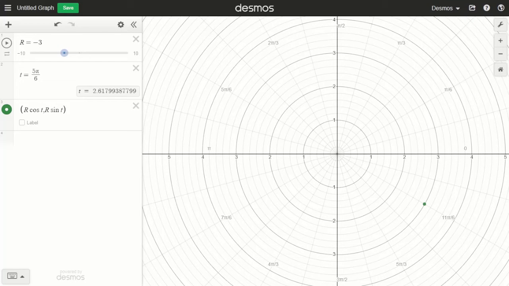All right, decimal is still showing my other point right there. Now with the radius being negative 5, I'm going to change this to negative 5. Then for this angle, I'm going to change it to 4 pi over 3. And now that is 4 pi over 3.